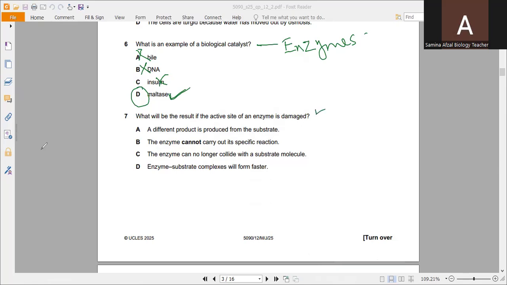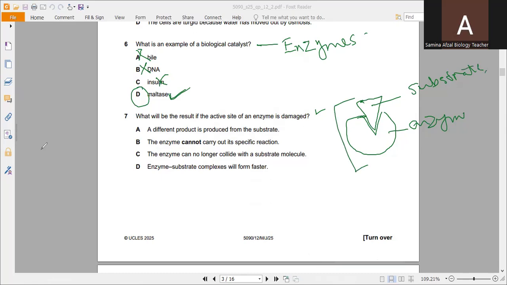The substrate attaches itself on the active site of an enzyme, and so they make the enzyme substrate complex.